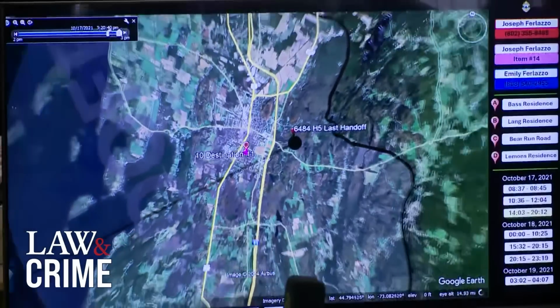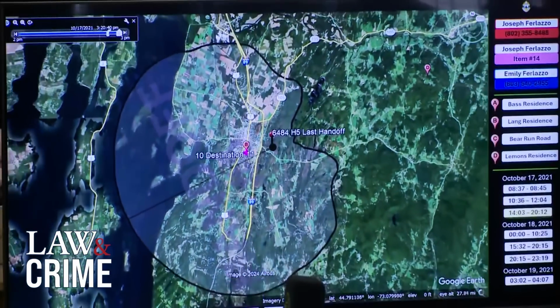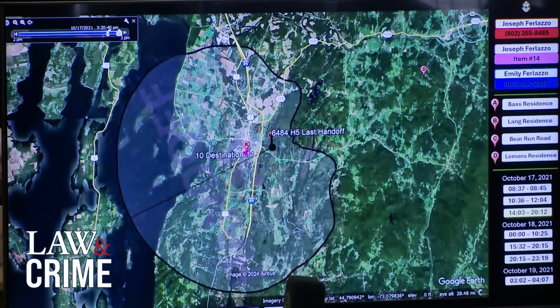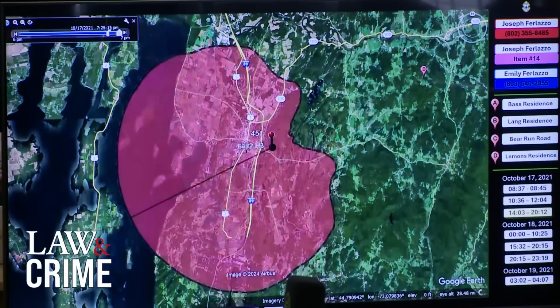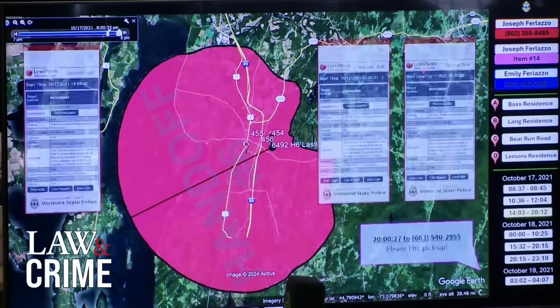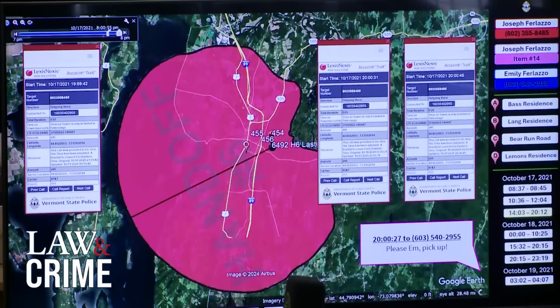Okay, so during that time frame, the device is not moving. The cell site activity was repeated. Okay, is anything happening on the phone during that time? Yes. So as we move forward in time, at 7:59 to 8 o'clock, there were actually 3 outgoing calls from Joseph's number to Emily's number, as well as an outgoing message to Emily's number from item 14.